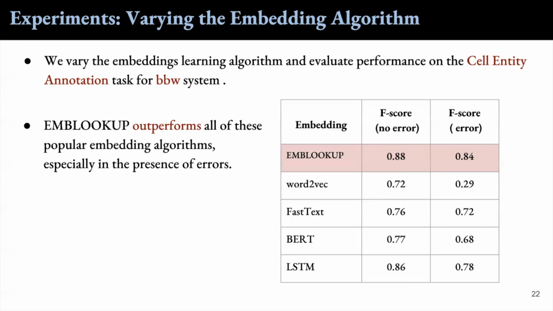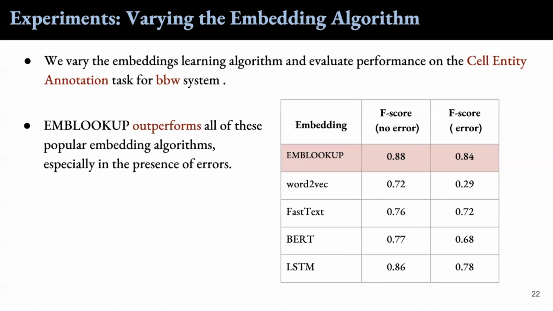We test the performance of mLookup and different learning embedding models on the original dataset and the created noisy dataset. We used pre-trained models for fastText, BERT, and word2vec. We also used an LSTM model trained over the labels and aliases of knowledge graph entities.